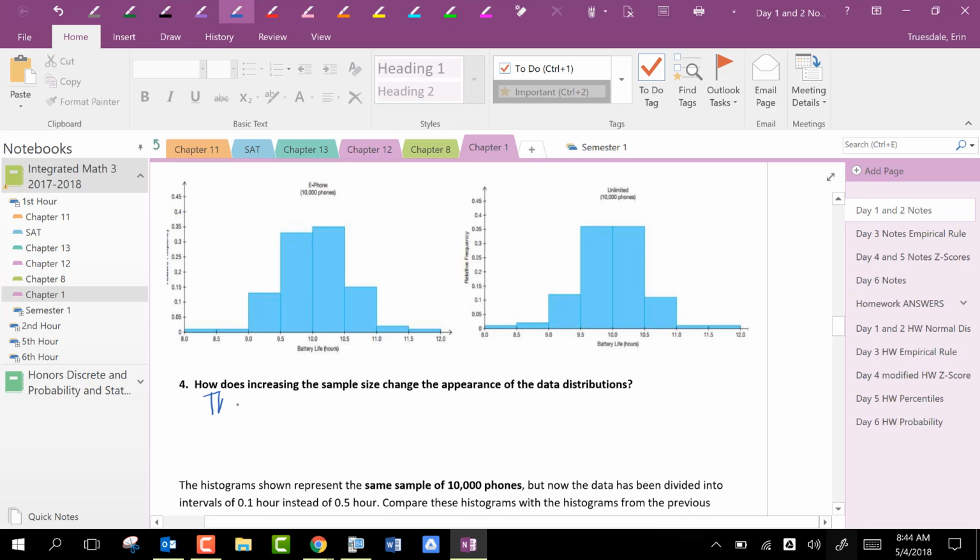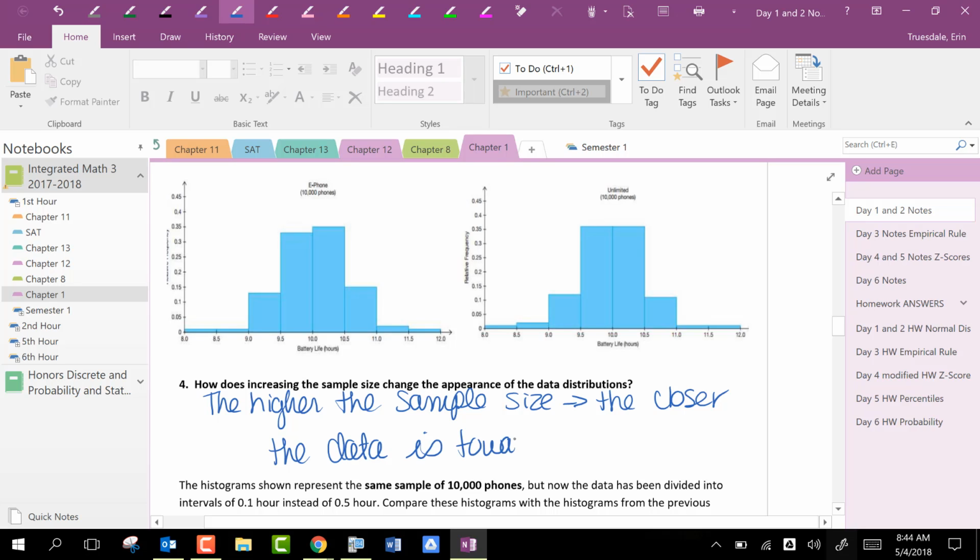Okay, so the higher the sample size, the closer the data is towards the mean. So more data is clustered around the mean. The more sample that you take, the closer you should get to that average.